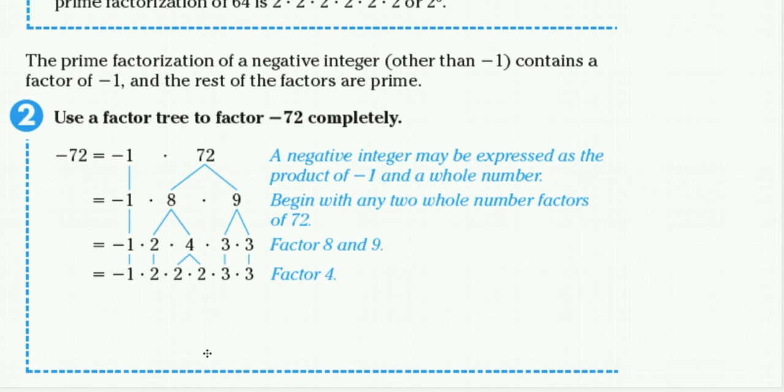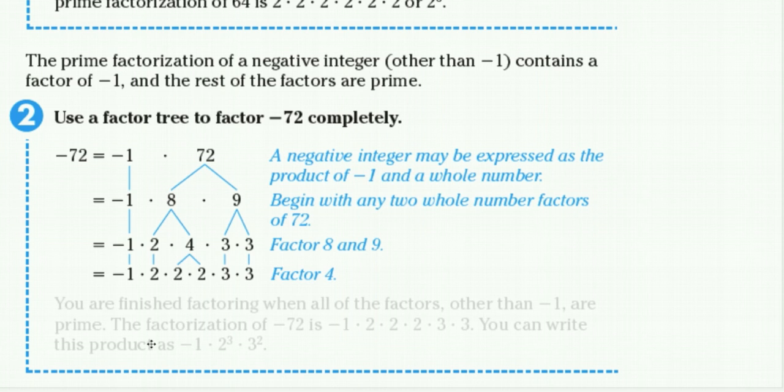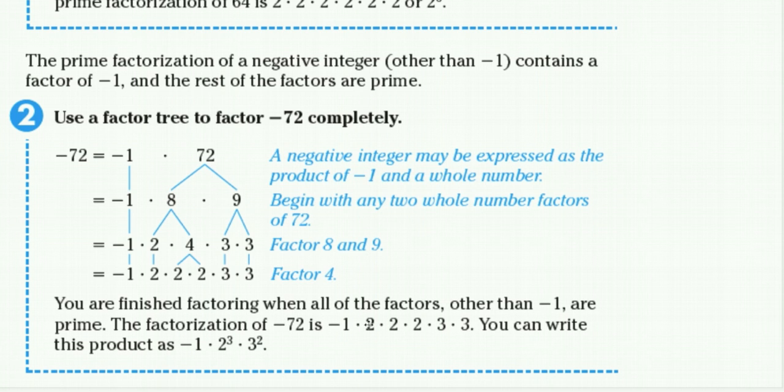So you are finished factoring when all of the factors other than negative 1 are prime. So the factorization of negative 72 is negative 1 times 2 times 2 times 2 times 3 times 3. You can write this as a product as negative 1 times 2 cubed times 3 squared. Notice that it did not call it the prime factorization of negative 72 because negative 1 is not prime.